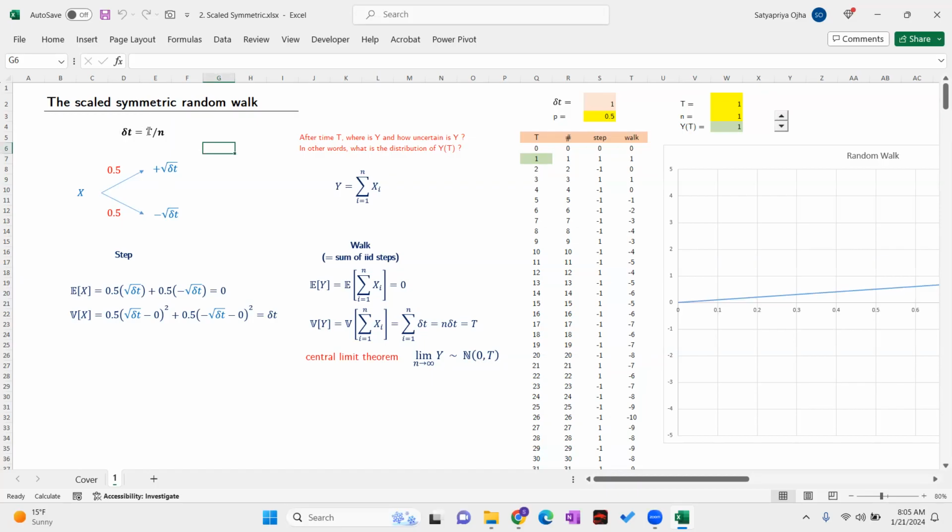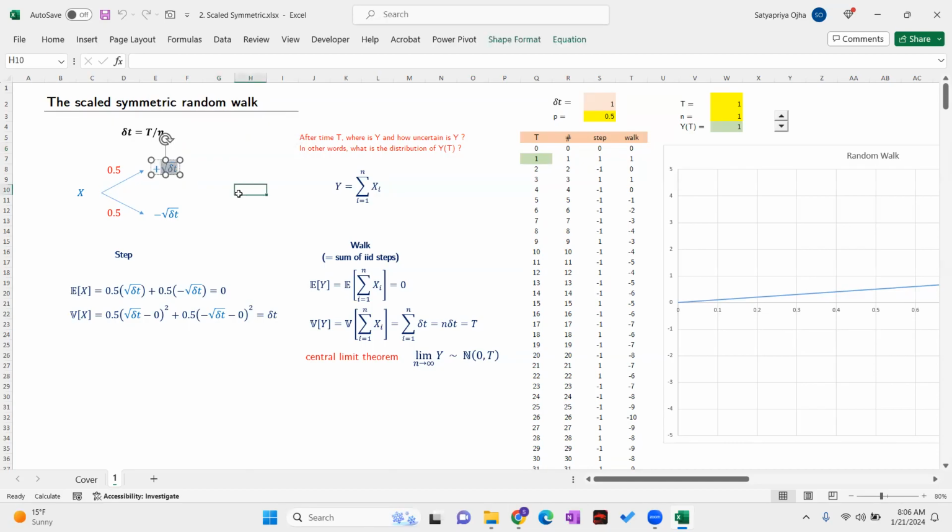I can divide that time by n number of steps, and that number of steps is up to me. I can think of a weekly evaluation, or a monthly evaluation. Ultimately, I have to cover that 1 year period, but the number of steps I take to cover it is up to me. So delta t is the time taken for one step.